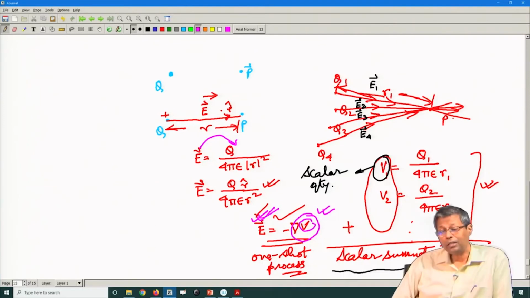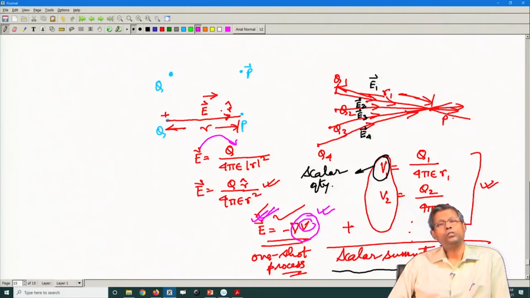So, we have created this term potential in order to simplify this mathematical burden of calculating the electric field at a point due to a number of static charges. So, if the process is simplified in static electricity, the process is completely impossible in the case of time harmonic fields, which we are going to illustrate.